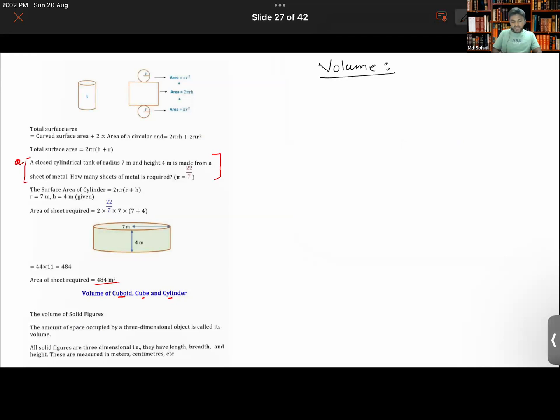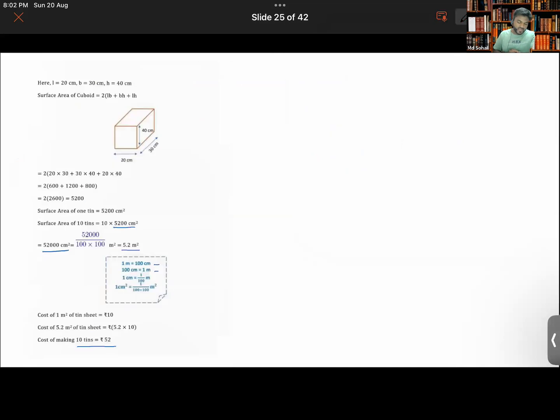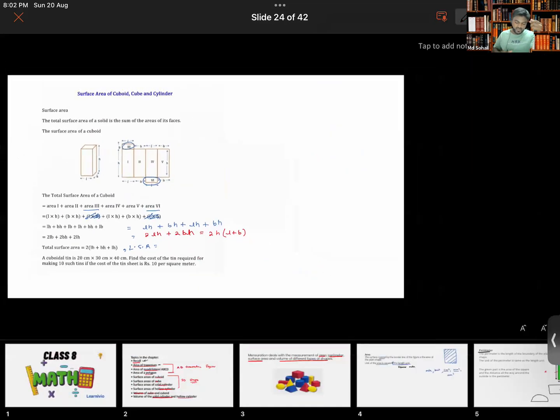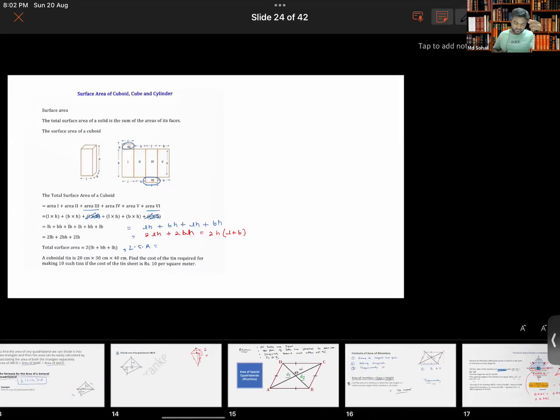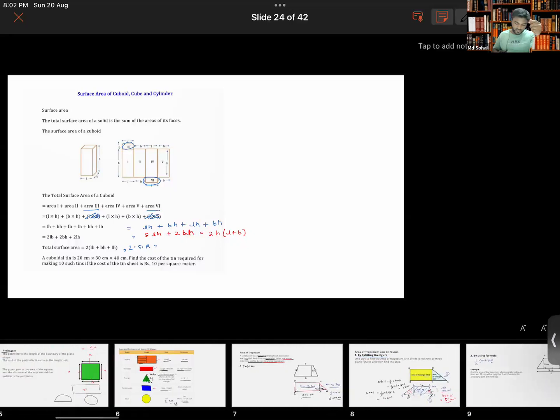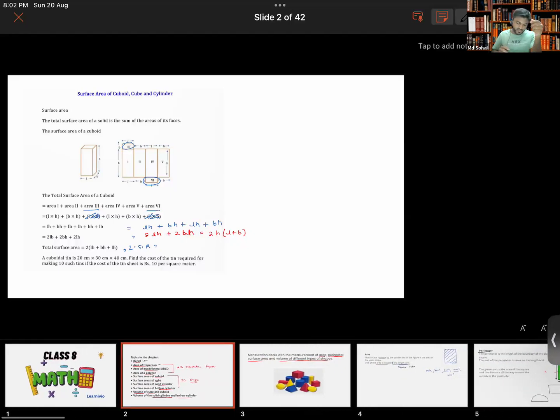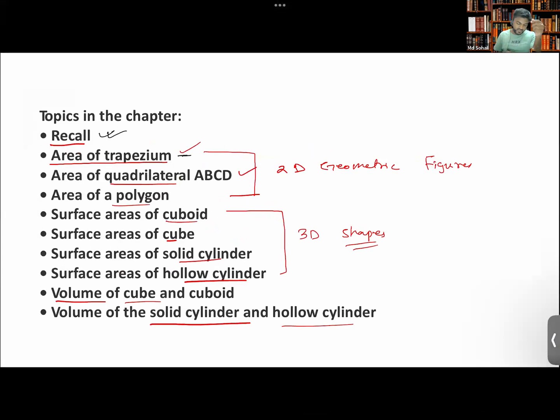Okay. So the next topic of the chapter is volume. Let's have a quick look at the content of the chapter. So far, what have we discussed? Area of polygon, surface area of cuboid, cube, cylinder, and hollow cylinder as well.